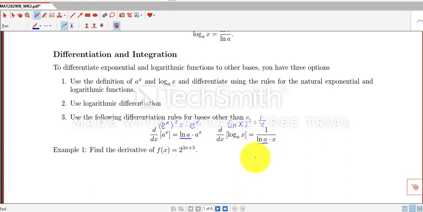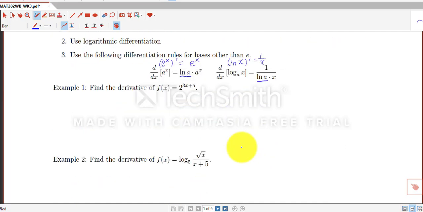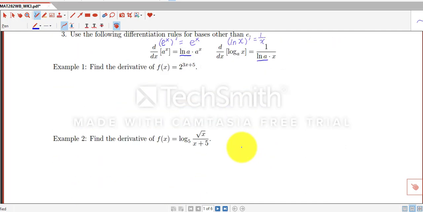Now let's take a look at the following two examples of how we can apply these formulas to find the derivative of functions involving exponential and logarithmic functions with base other than e.